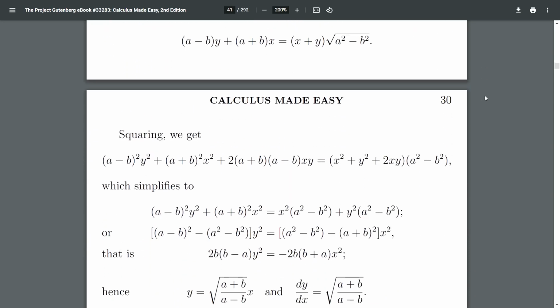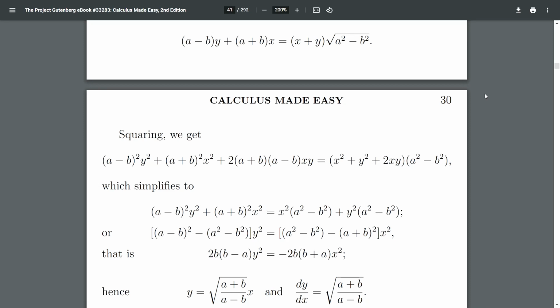Squaring, we get (a minus b) squared y squared plus (a plus b) squared x squared plus 2(a plus b)(a minus b)xy is equal to x squared plus y squared plus 2xy times (a squared minus b squared), which simplifies to (a minus b) squared y squared plus (a plus b) squared x squared is equal to x squared times (a squared minus b squared) plus y squared times (a squared minus b squared), or ((a minus b) squared minus (a squared minus b squared)) times y squared is equal to ((a squared minus b squared) minus (a plus b) squared) times x squared.